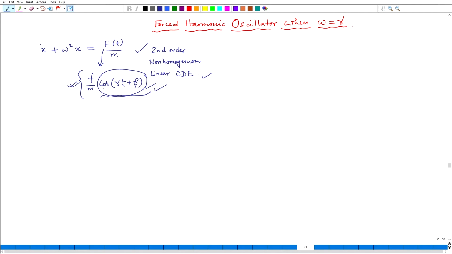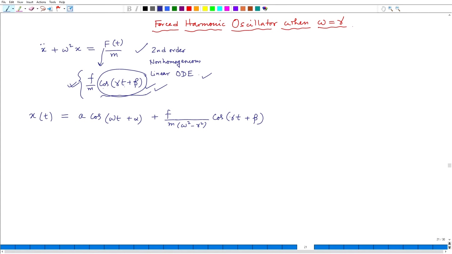And we said that you can show that the total solution, which is the combination of the complementary function, that is the solution of the homogeneous part, and the particular integral, will be given by a cos omega t plus alpha plus f by m over omega square minus gamma square cos gamma t plus beta.